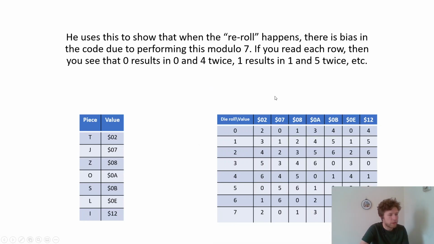And so what you tend to see is that when you roll a 0, because of the way these numbers work and what happens when you add extra bits on and take it modulo 7, you end up with this 4 and 4.